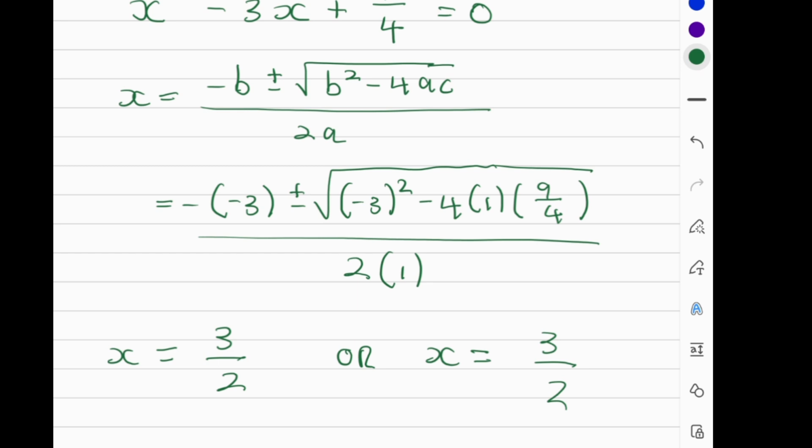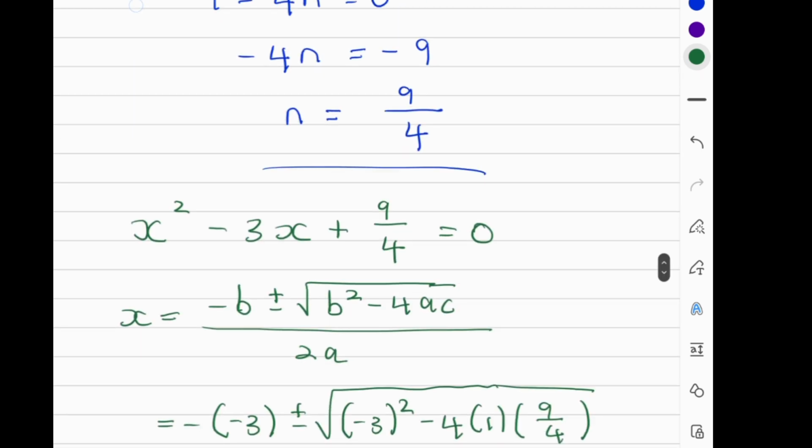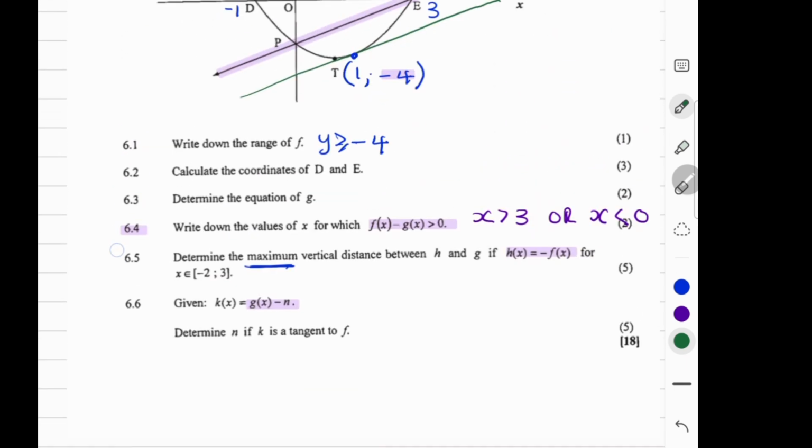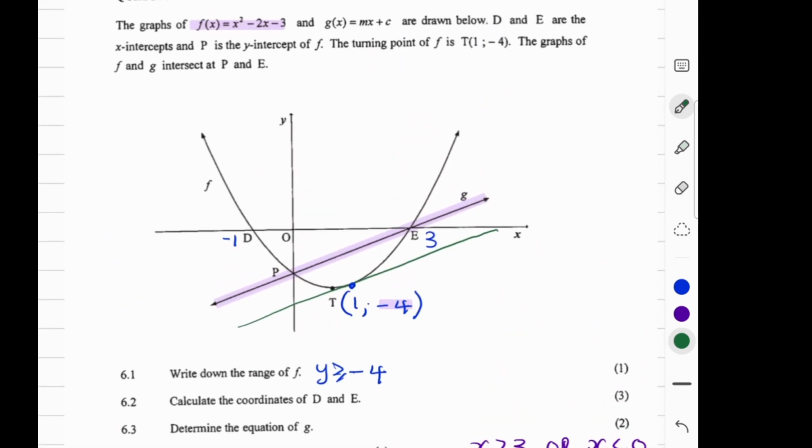I am actually supposed to only get one x value, because remember the graph will only touch f of x once, and it will only touch f of x at this coordinate at the x value of 3/2. So that would be somewhere, because this one here is 1, and then 3/2 should be somewhere here actually.